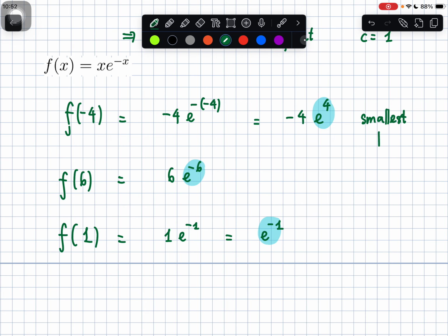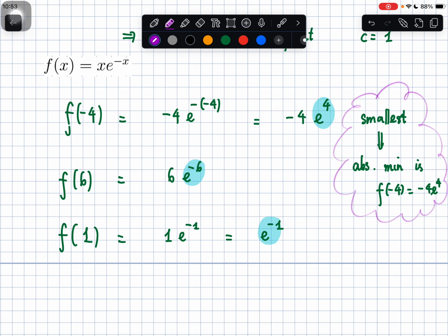And therefore the absolute min is f of minus 4, which is minus 4 e to the 4. So at least we get one done. The absolute min is minus 4 e to the 4.